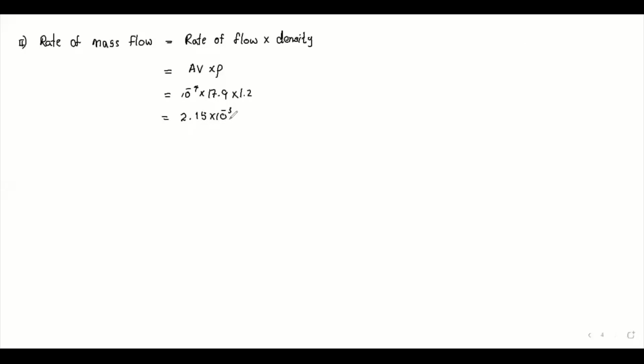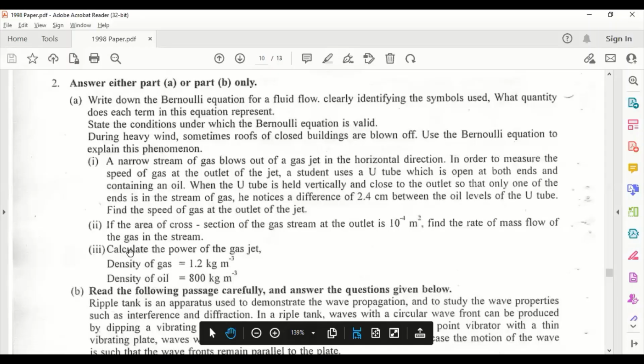So you get 2.15 into 10 to the power minus 3 kilograms per second. This is the answer for part 2. Right, let's go to part 3 as well. In part 3, they're asking calculate the power of the gas jet.